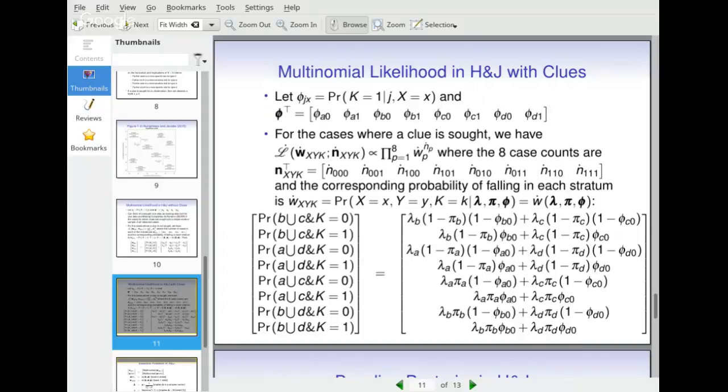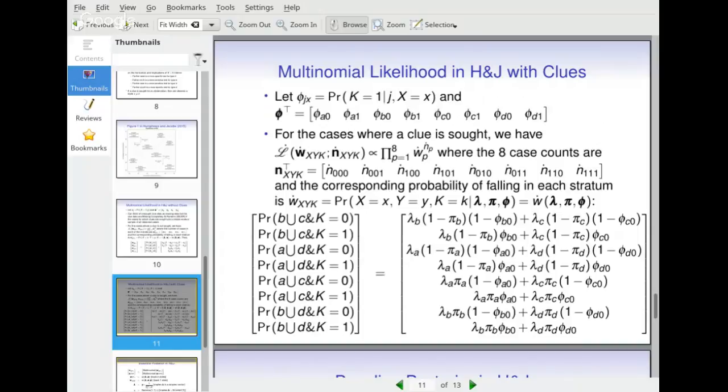In the cases where a clue is sought, there are now 8 possibilities, 2 to the 3rd power, because k is binary, x is binary, and y is binary. So now we have to do a multinomial likelihood involving 8 categories for the intersection of x, y, and k.